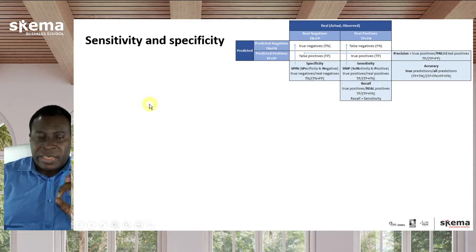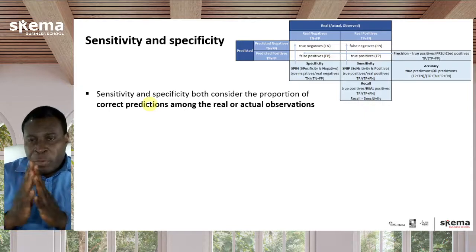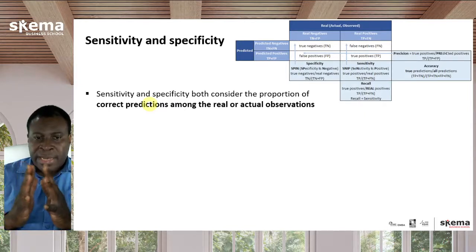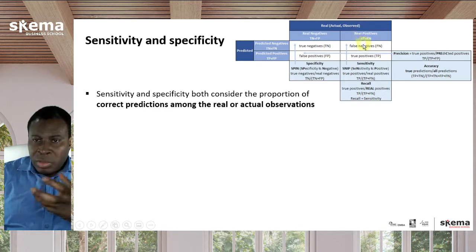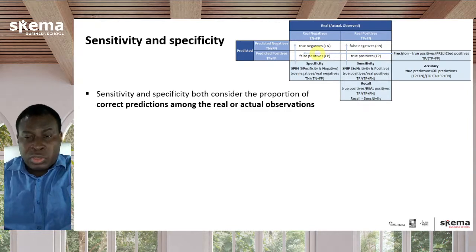Sensitivity and specificity are another pair. The focus here is looking at, among those that are real or actual positives and among those that are real or actual negatives, what proportion of correct predictions the model made compared to reality.